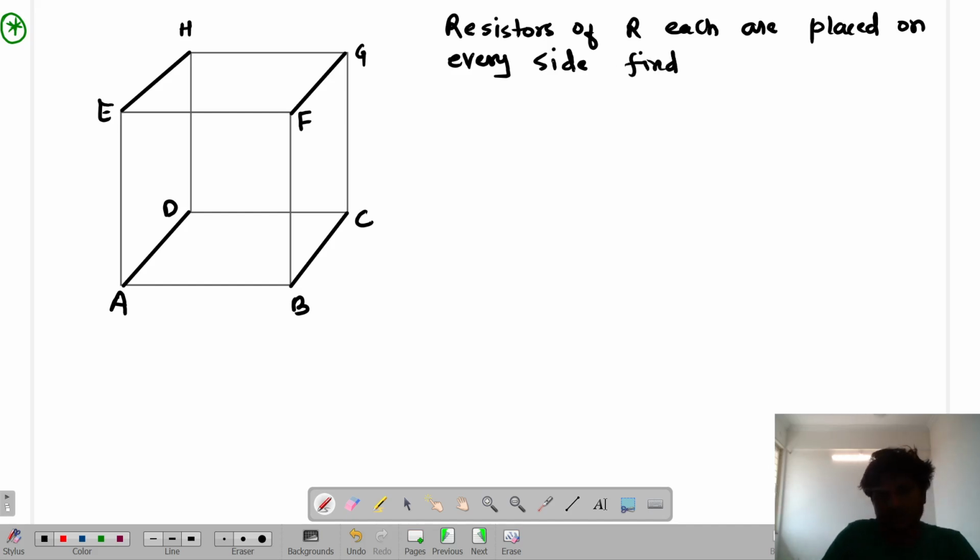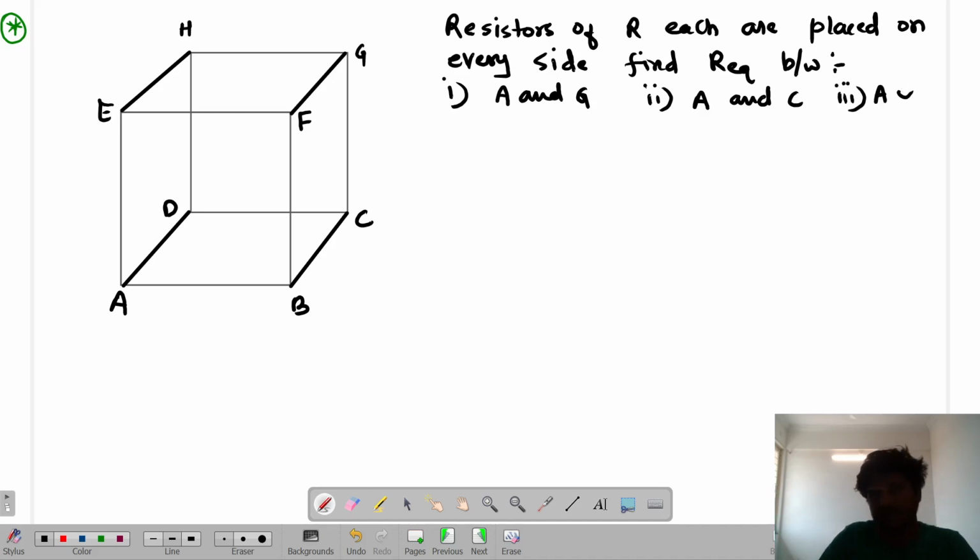Find the equivalent resistance between, find R equivalent between first case A and G, second case A and C, and third case A and B. Tell me. Which one is correct? What is the answer?